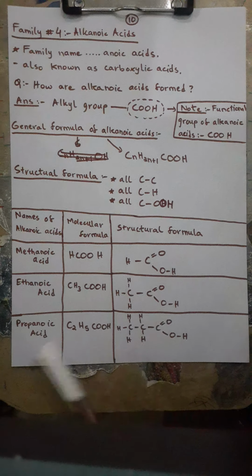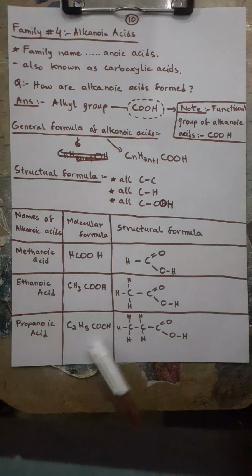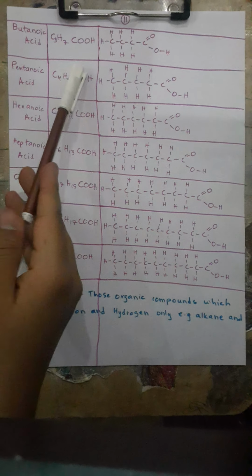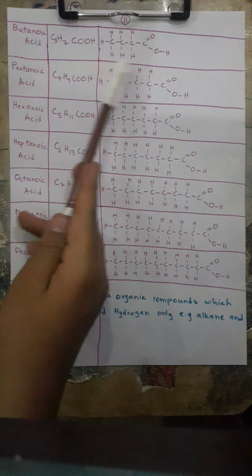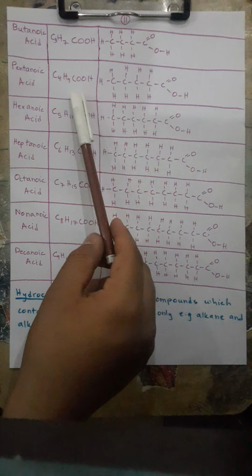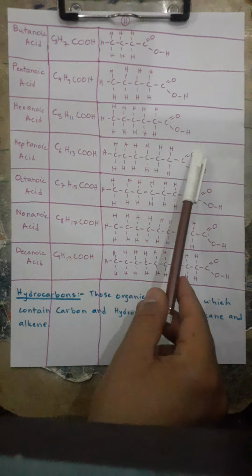Here's the structural formula. Propanoic acid C2H5COOH, and this is the structure. Now butanoic acid, its molecular formula is C3H7COOH. Here is its structure. Pentanoic acid C4H9COOH. Structure. Hexanoic acid C5H11COOH.